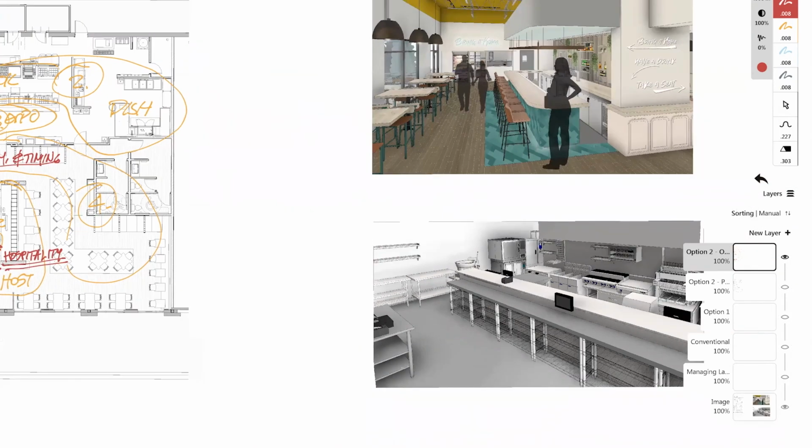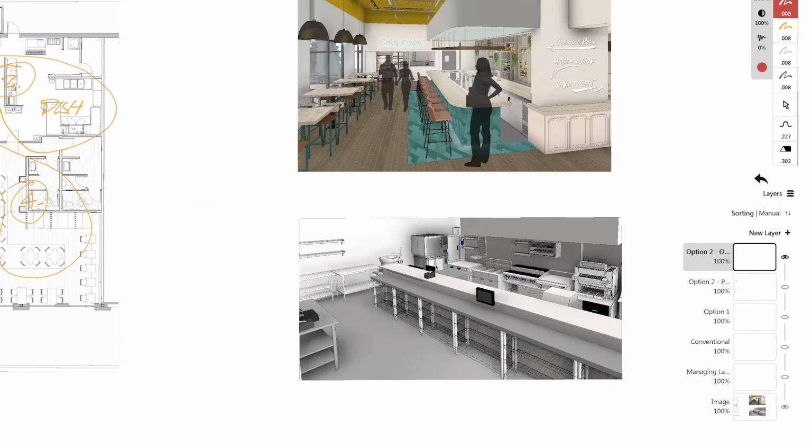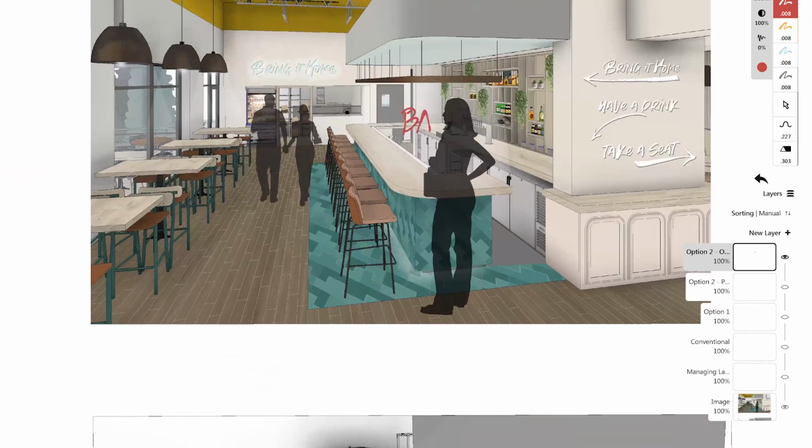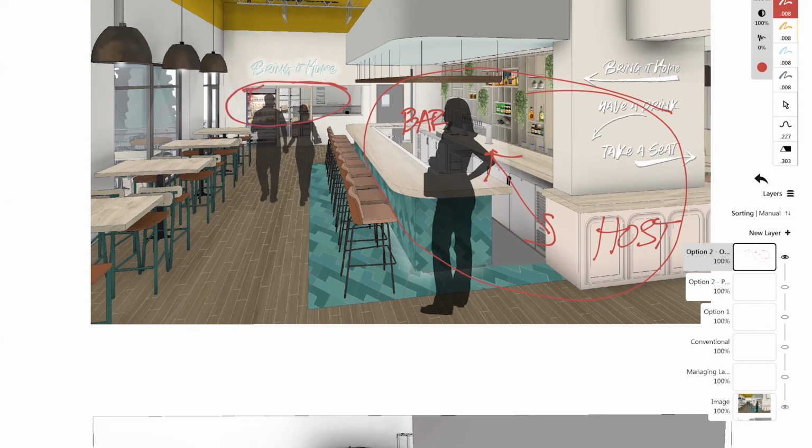And if you look at this 3-dimensionally, again, like we talked about, we now combine bar and host. You see how easy it is for those 2 people to act as one. And then over here, all the way in the back, we've got to-go and we've got expo.